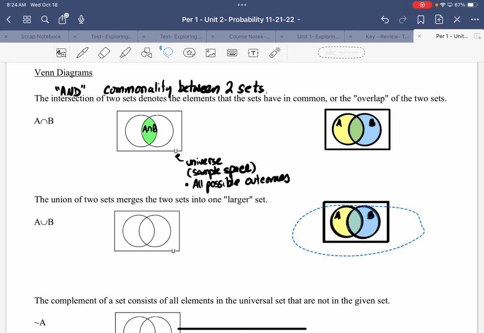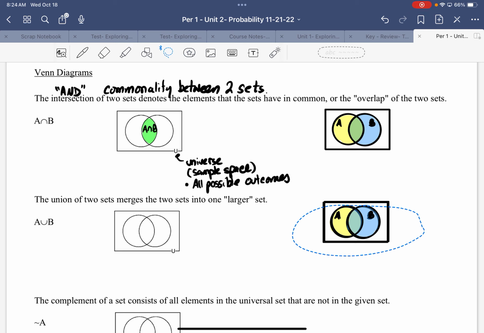But when you talk about the union of two sets, you can see it merges them into one larger set. That's in the notes. But really what that means is that A is bringing its assets to the party. So is B. And then we're combining the two sets to make one mega set.